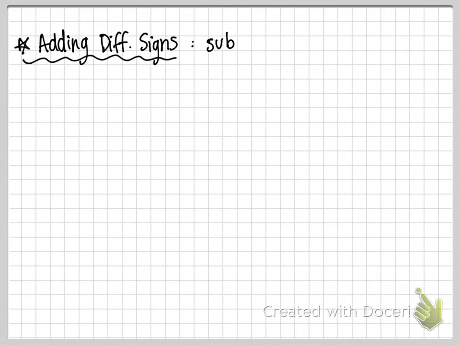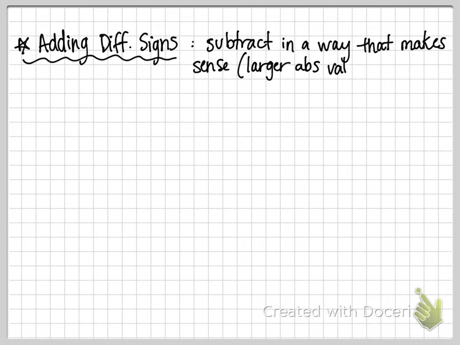All right. Our rule when we add different signs, so if we have a negative and a positive, this is what we talked about last week. We subtract in a way that makes sense. We take the larger absolute value and subtract the smaller absolute value. This is why we talked about absolute value in 1.1, because it becomes important when we're adding different signs.